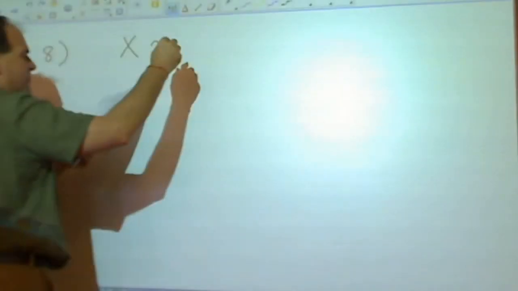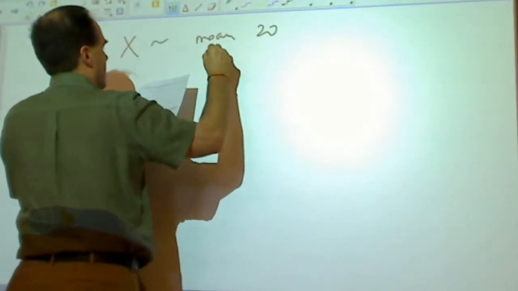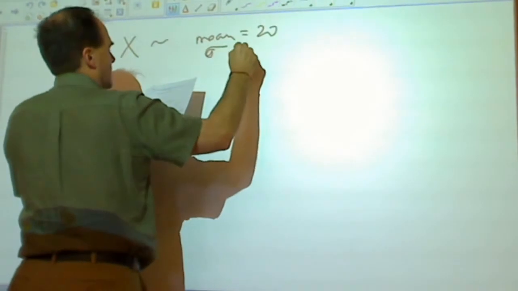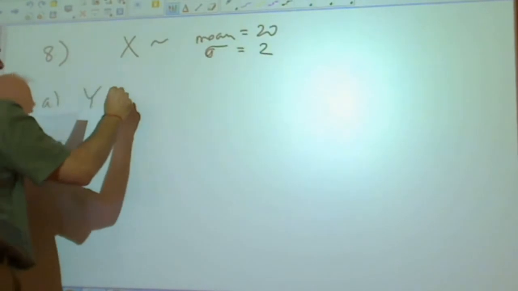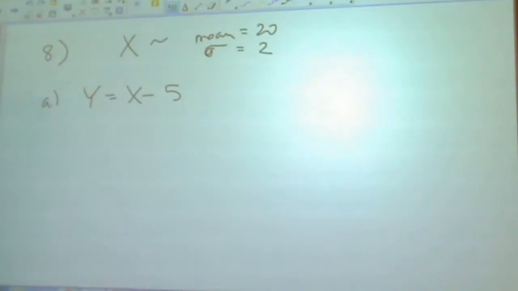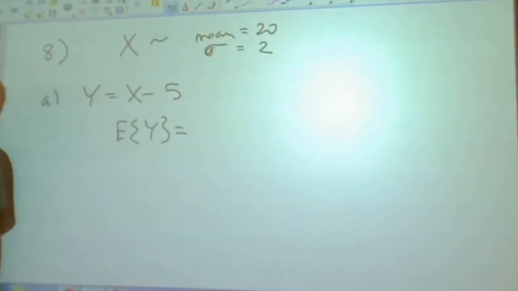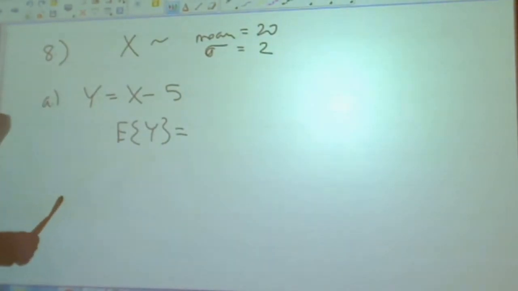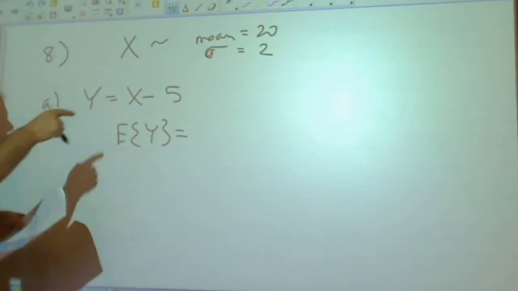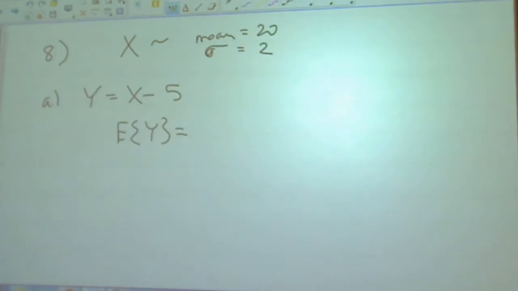So our x random variable has a mean of 20 and a sigma of 2, and then we're creating a new random variable y equals x minus 5. We need the expected value of y. Oh, we're adding, sorry. The question is subtract. When I did the answer, I added. My bad.